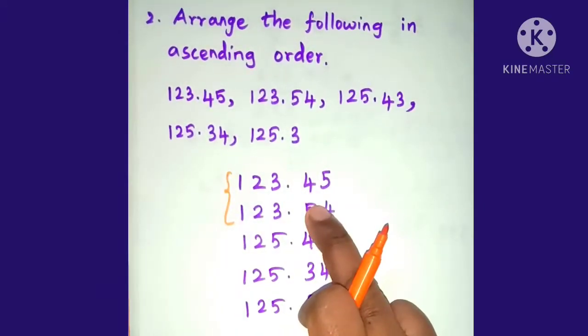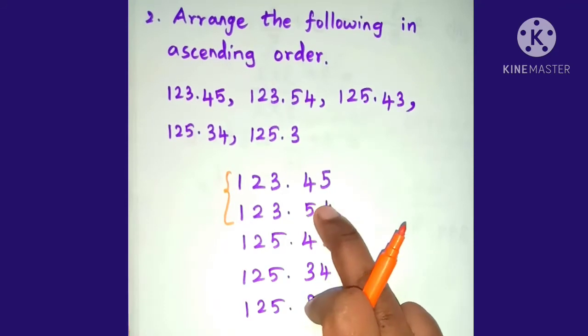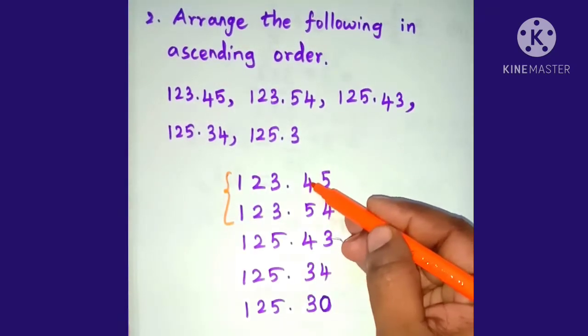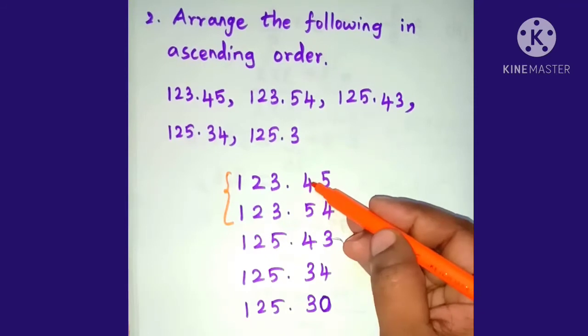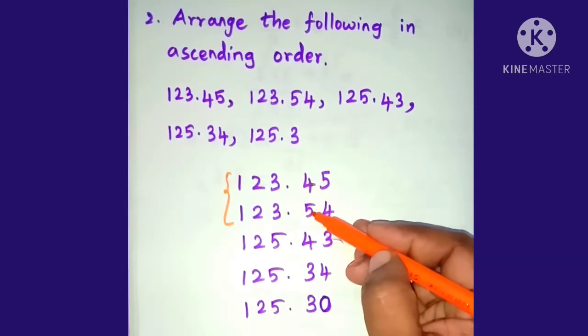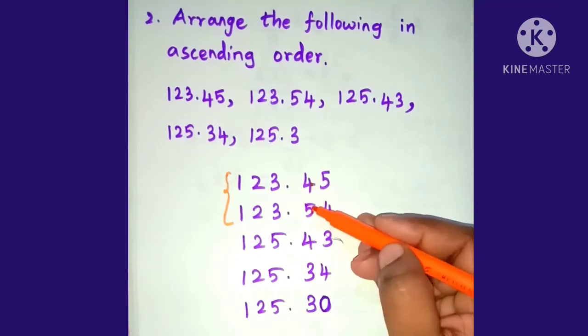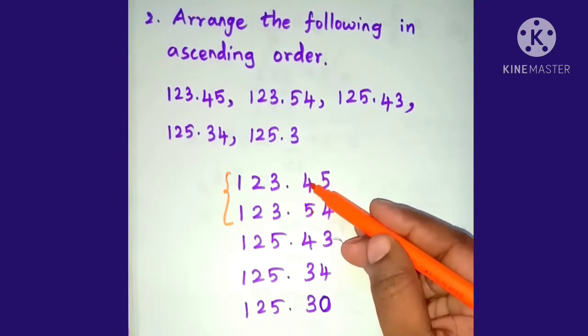The next step is comparing the 10th place values. So what is the 10th place digit of the first decimal number? It is 4, and here 5. Compare these 2 numbers, which is smaller and which is bigger. Yes, 4 is the smaller value.